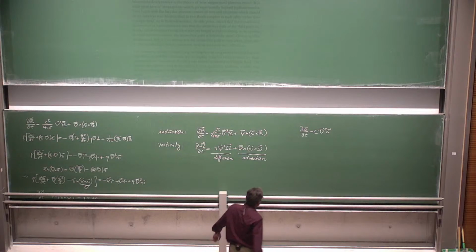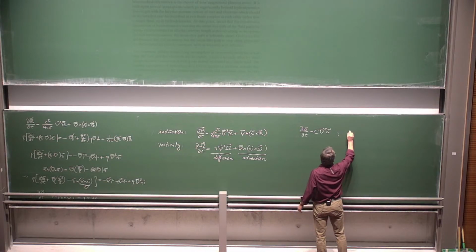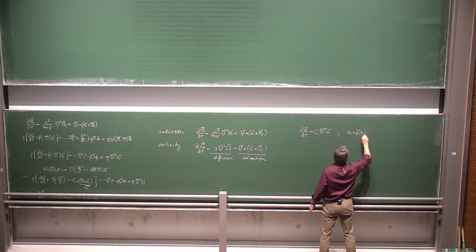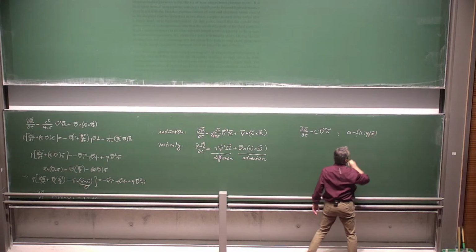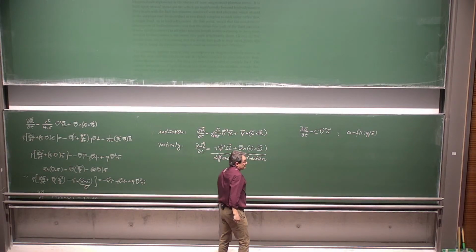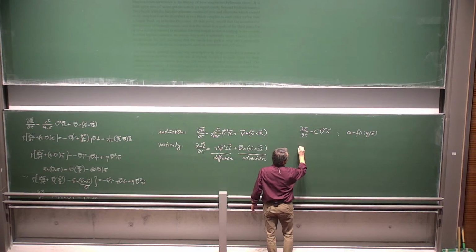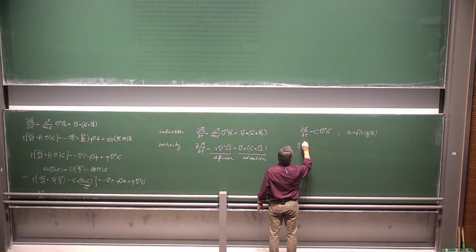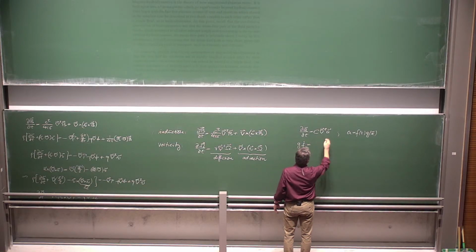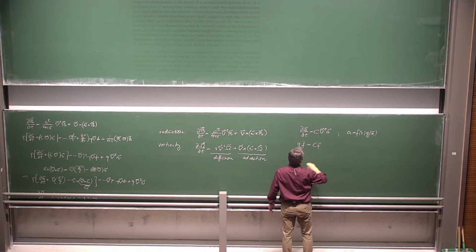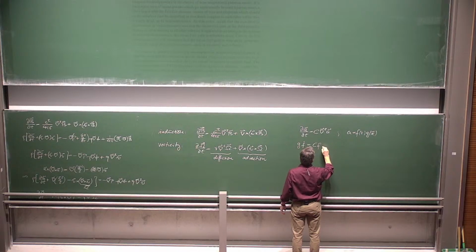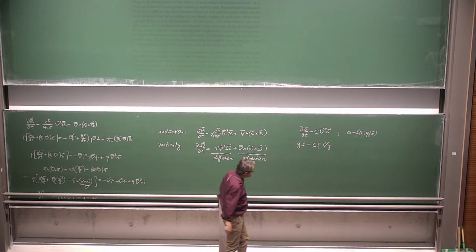Right? So you would write A is f of t times g of x. And here you would say this is g times f dot. And on the right-hand side, you would say this is c f times Laplace square g.